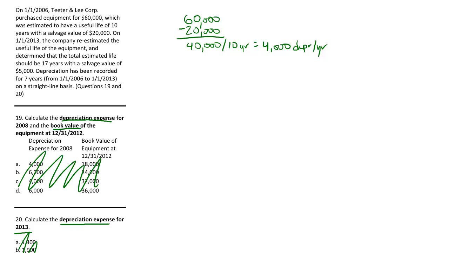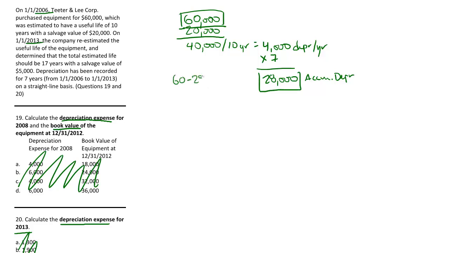By 2013, we have depreciated this for 7 years. So multiply that by 7 years means that we have accumulated depreciation of $28,000. So the book value is going to be the original cost minus accumulated depreciation.